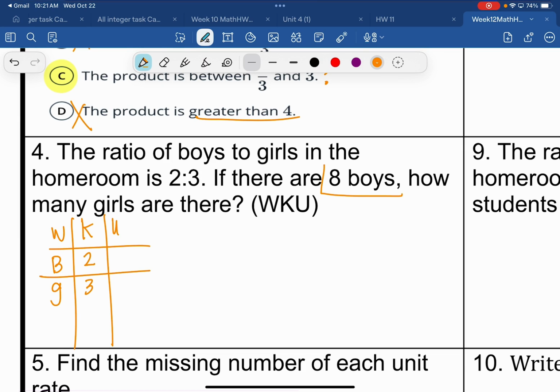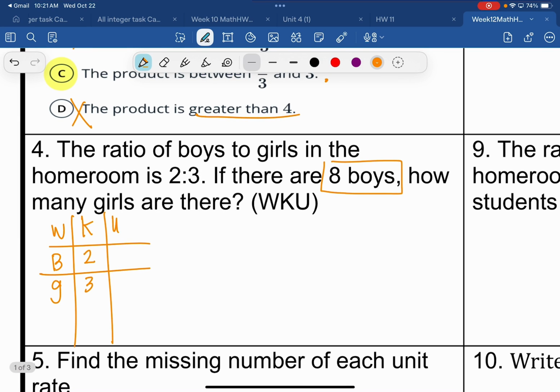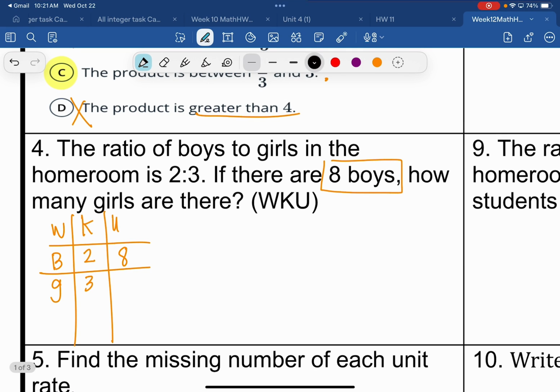So if there are 8 boys, the 8 will go with the boys. So then I'm going to use scale factor. Don't say it out loud. Is it increasing or decreasing? Ask yourself. Don't say it out loud right now. And then what am I increasing or decreasing by? Okay? Whatever you do to the top, do it to the bottom, and then you'll have your answer. Number 5.